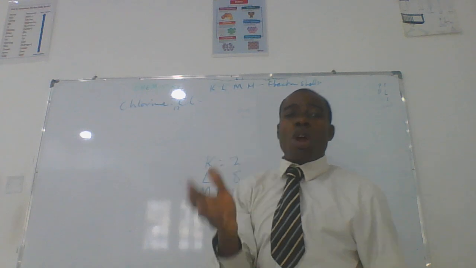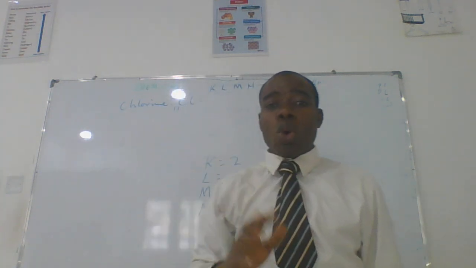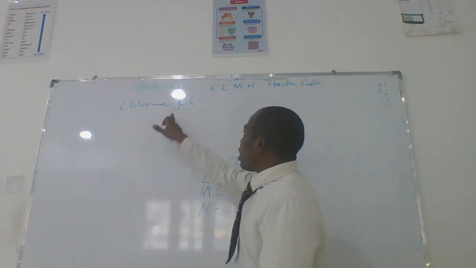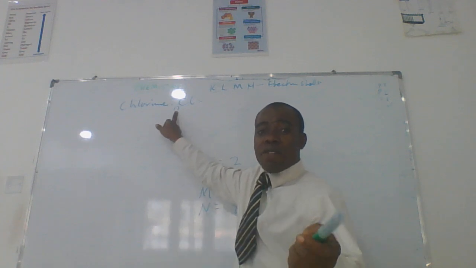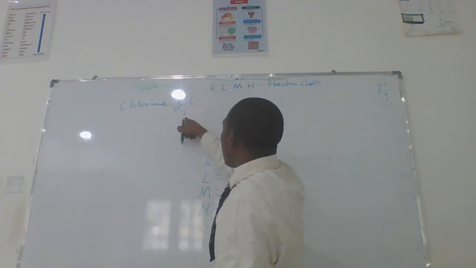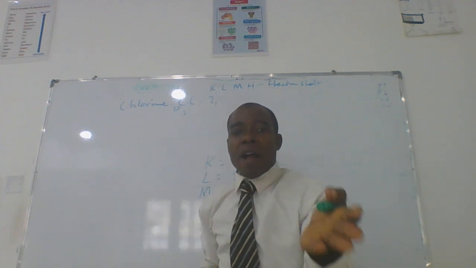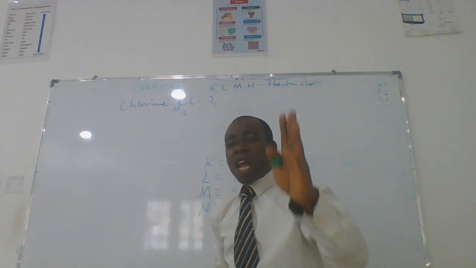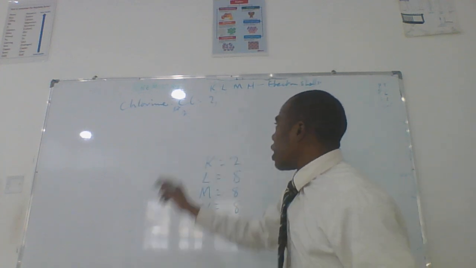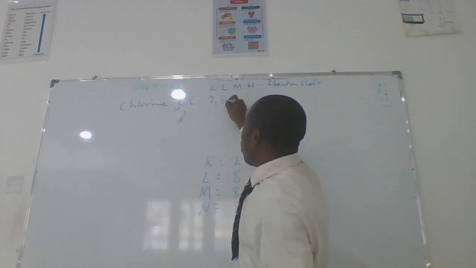Chlorine has a total of 17 electrons and 17 protons, so that makes a complete neutral atom. Now for the K shell, like I said, take 2 out of 17. What do you have left? You have just 15 left. So out of 17, I'm taking 2 out, and that's why I bring it here: 2, then I place a comma. The remaining 15, since the L shell has the capacity of taking 8, I take away 8 from that 15. 8 from 15, I have 7 left.